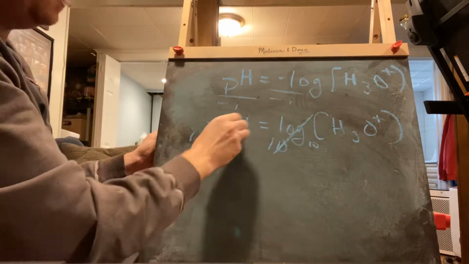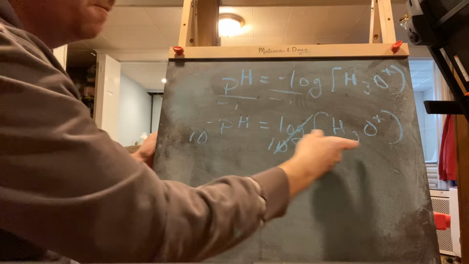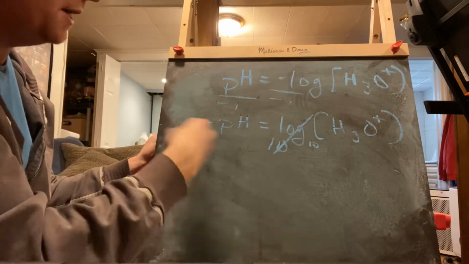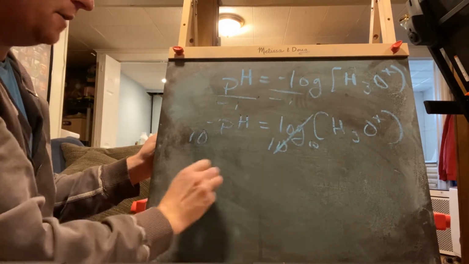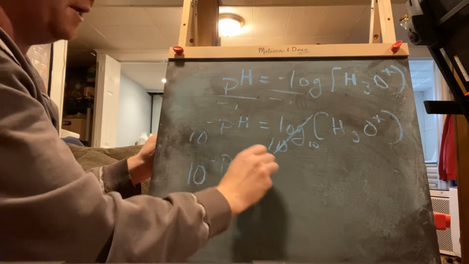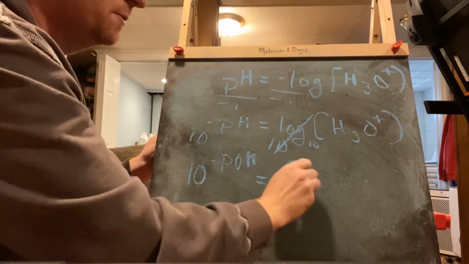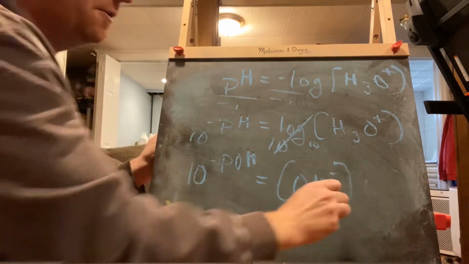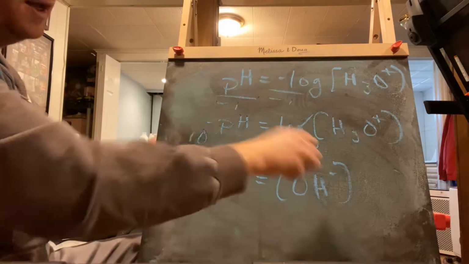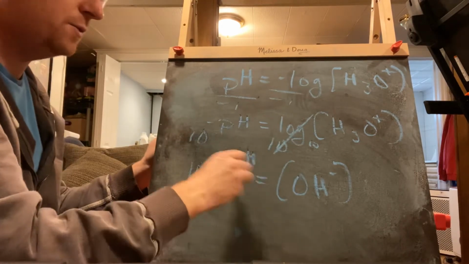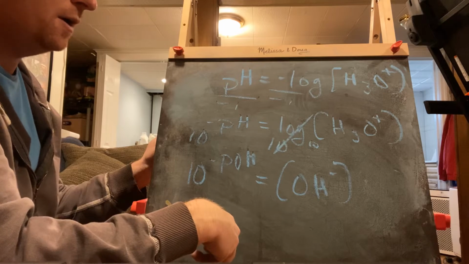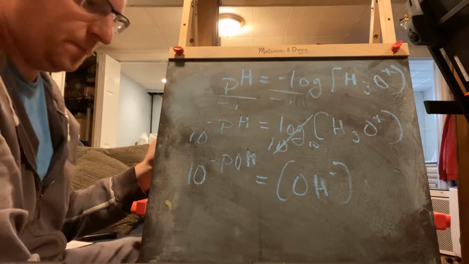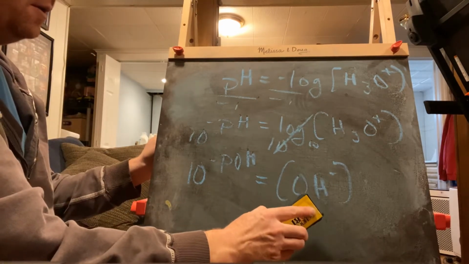Those would cancel, and then you're done: 10 to the negative pH equals H3O plus. Same thing with pOH: 10 to the negative pOH equals the concentration of OH. Okay, so you want to get really good at using these formulas.